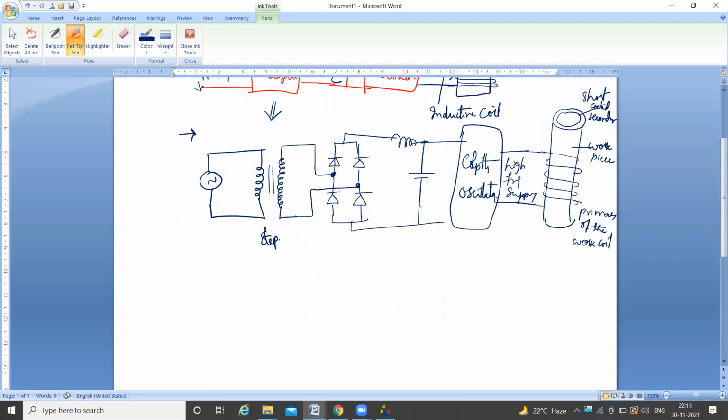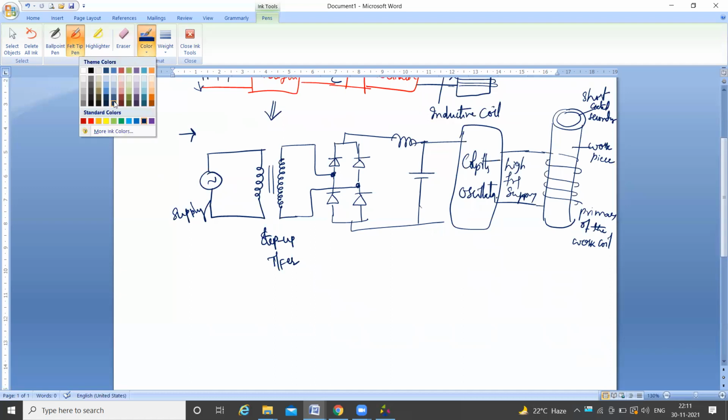It's a very simple step up transformer, and this is the supply. The supply voltage is applied to the step up transformer, and the step up transformer output is further rectified by the bridge rectifier.